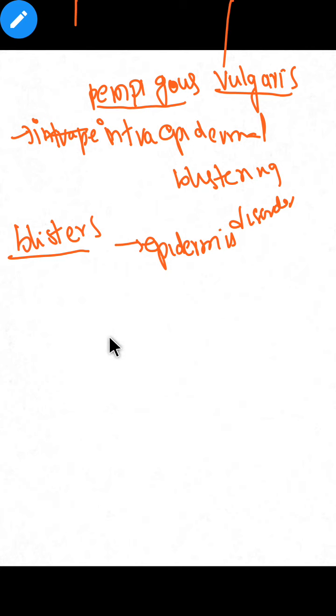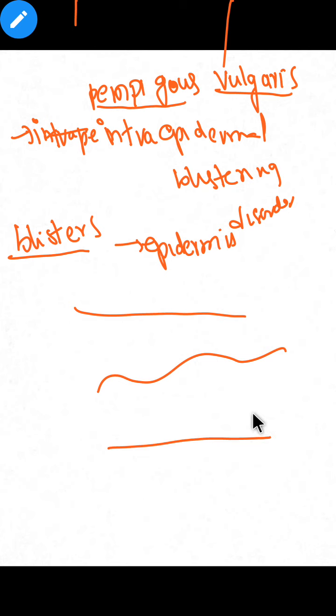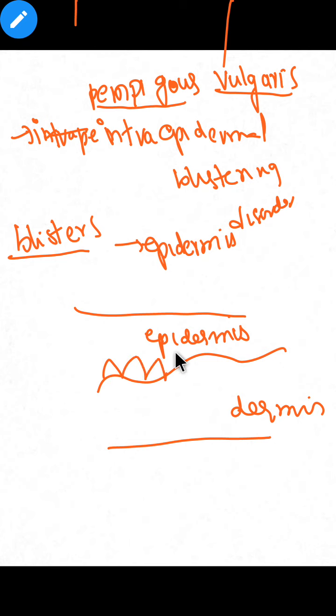So in the epidermis we have keratinocytes, right? This is the dermis, and this is the epidermis. In the epidermis we have cells all over here.